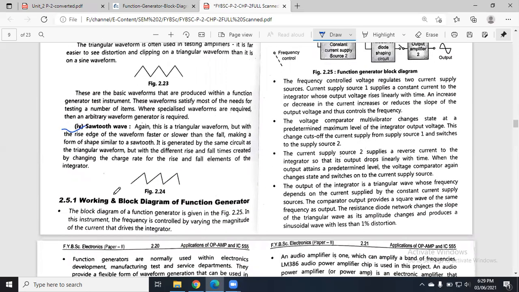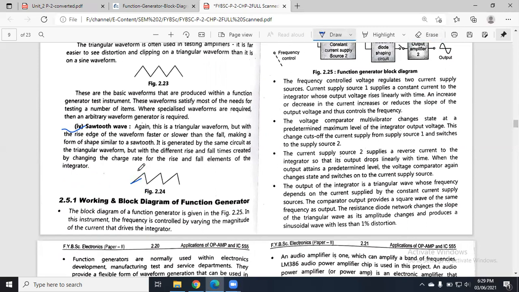There is a rising edge, exponentially rising, and all of a sudden a decrease in the falling edge. So basically, a sawtooth wave is like: exponential increase, sudden decrease, exponential increase, sudden decrease, exponential increase, sudden decrease. This is what is called a sawtooth waveform.